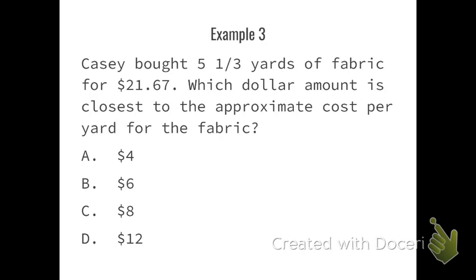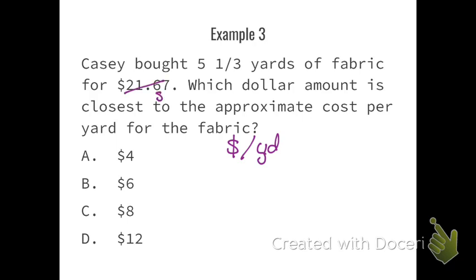All right, and here's our last example for today. Here we have Casey. She is buying 5 1/3 yards of fabric for $21.67. And we want to approximate the cost per yard. Remember, per means divide. The cost is $21.67.